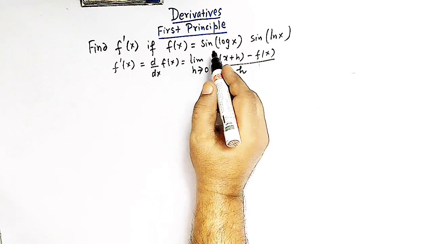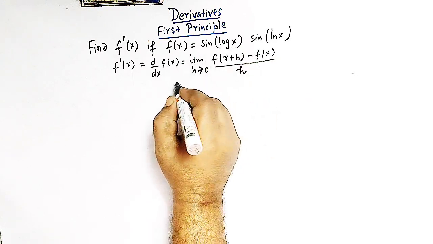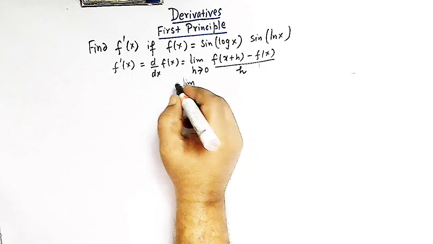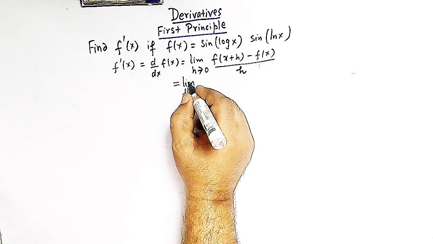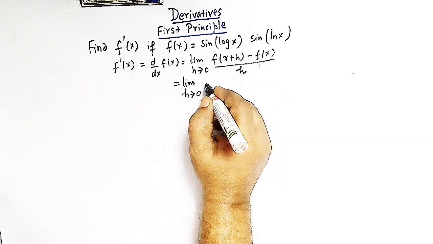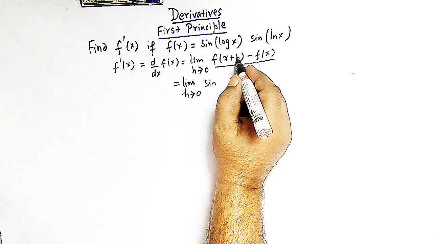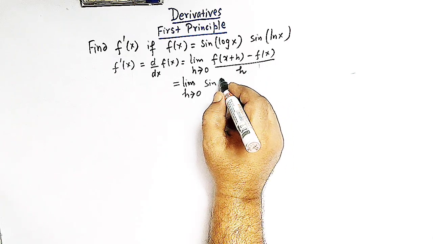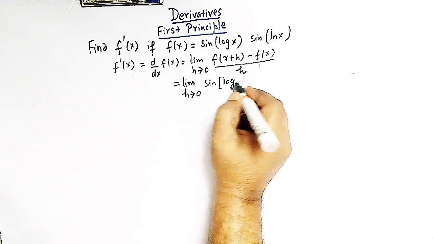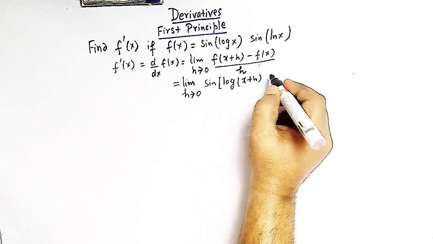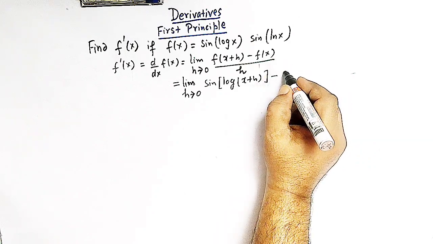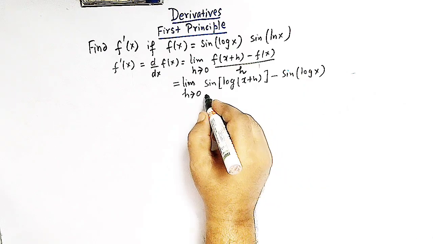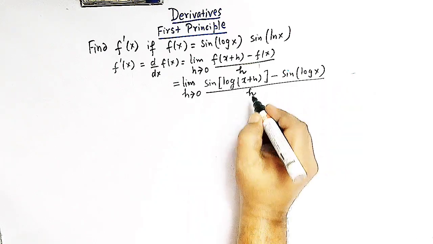Here the function is sine log of x. So we write limit h tends to 0, and f of x plus h can be obtained by replacing x by x plus h. So we have sine of log of x plus h, minus sine of log of x, and in the denominator we have h.